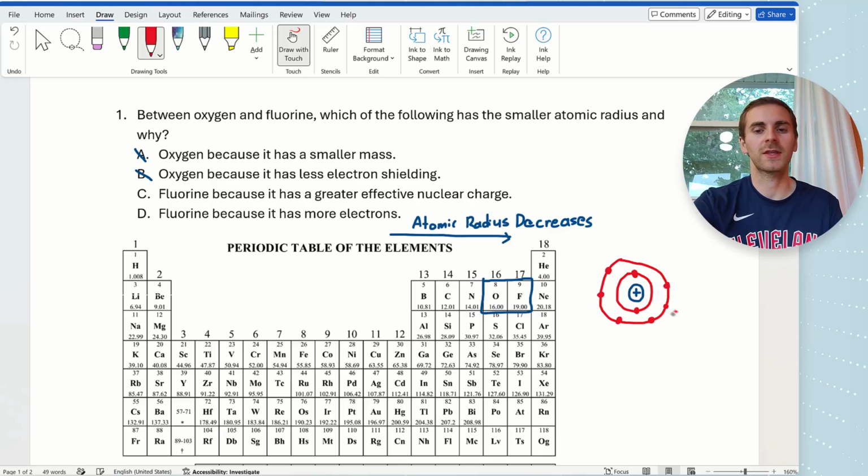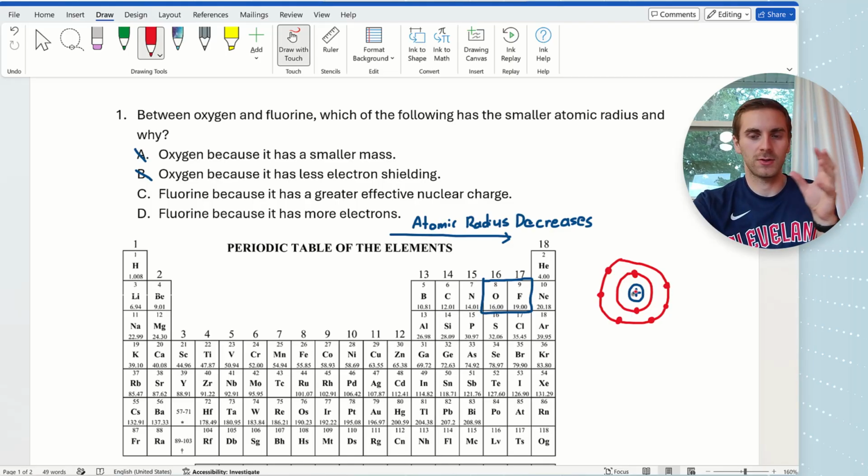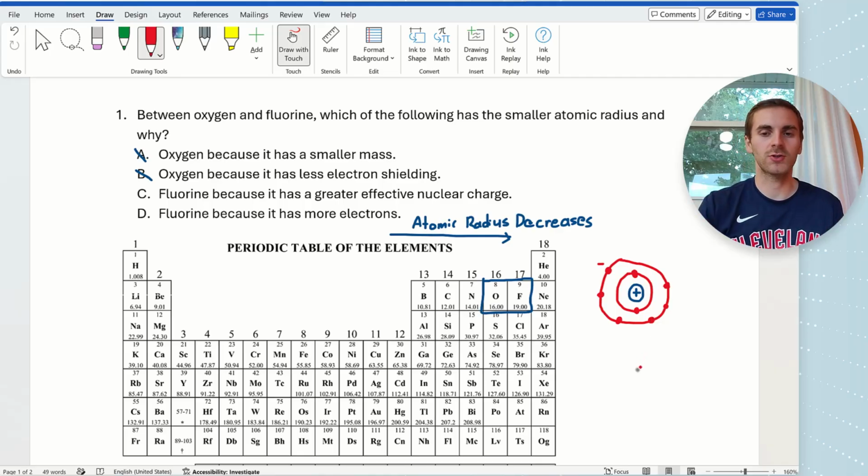So it's going to look like that. So there's an attraction between the nucleus and the valence electrons, because the valence electrons are negatively charged. Opposite charges attract. Okay? So the valence electrons are being pulled towards the nucleus.